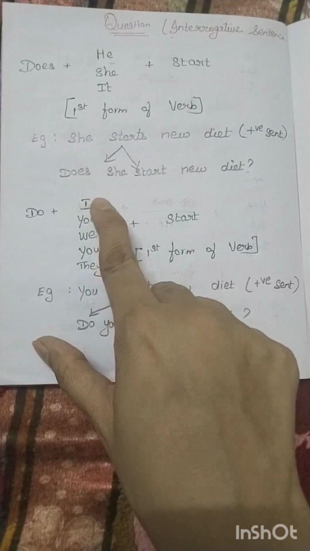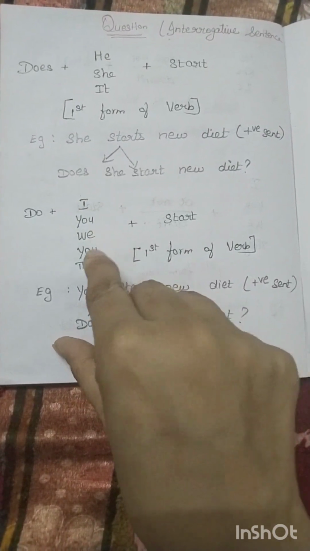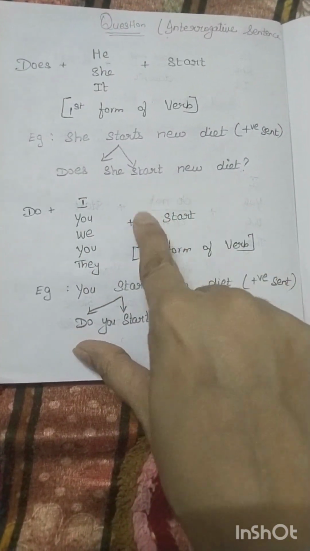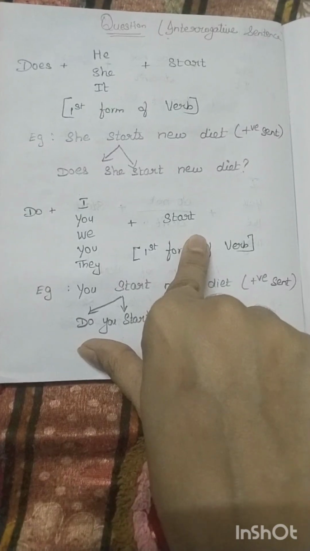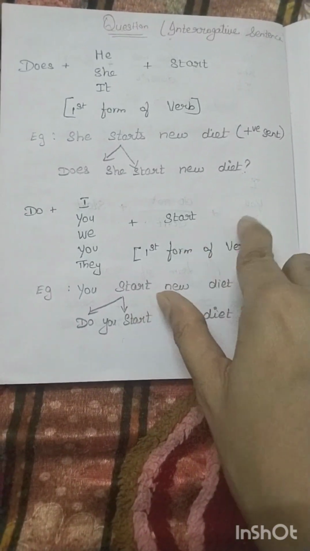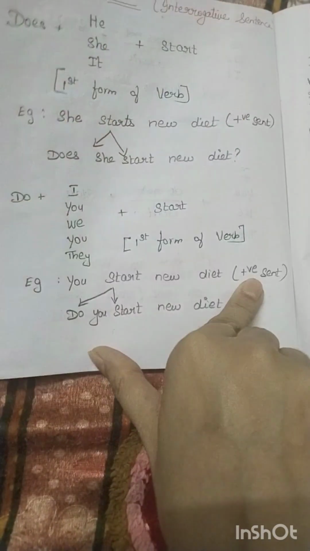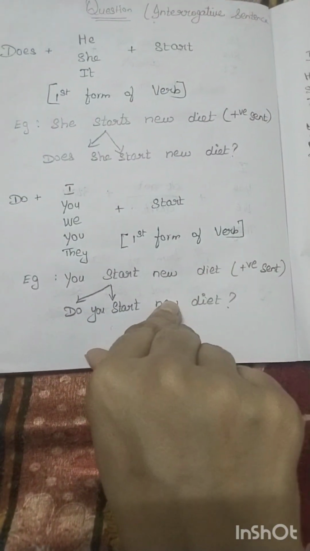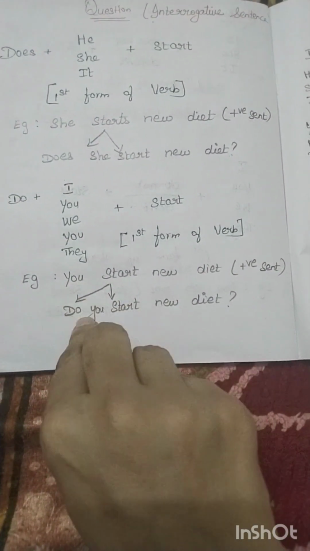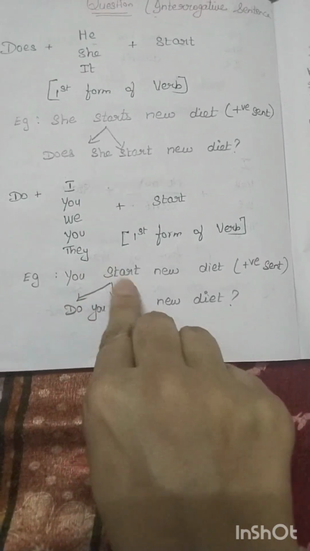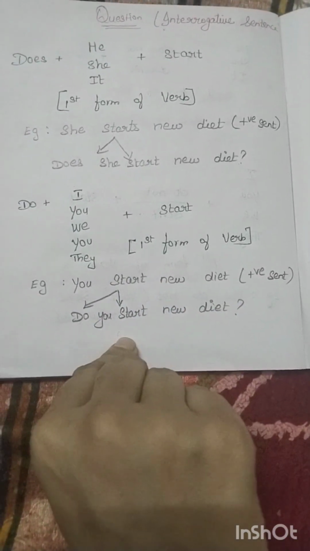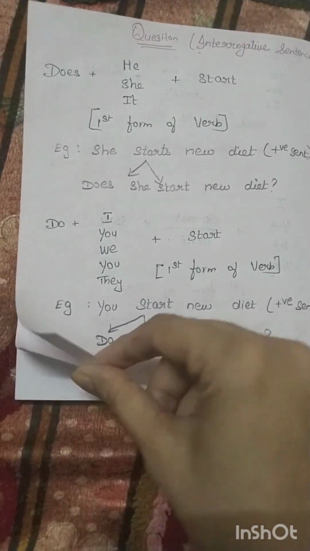Do, I, you, we, they, and then the first form of verb without adding s or es. You start new diet is a positive sentence. Now when you want to frame that into a question, in the starting you will write do. Do you start new diet? That's it. Hope it is very clear.